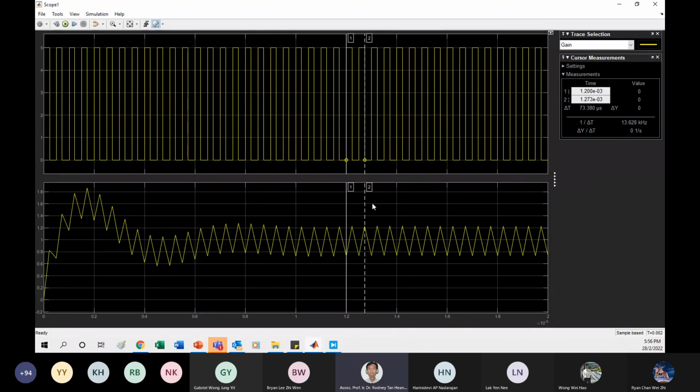So you can actually do the measurement here. I think we need to change to this point. How to do it? Wait, okay. We have to change to not the gain. Let's see, we converter.